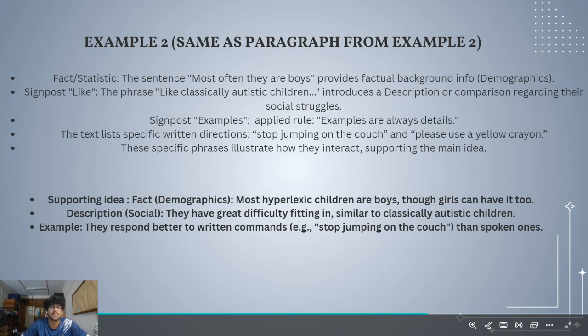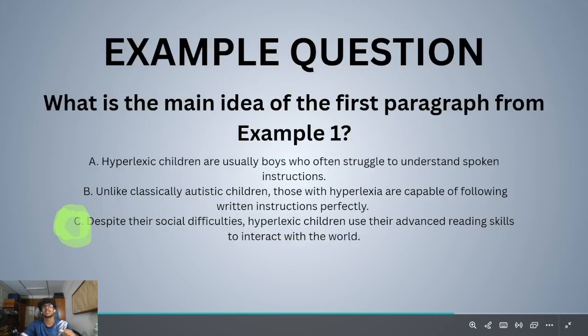Therefore, we can conclude that the supporting ideas for this paragraph are: most hyperlexic children are boys, though girls can have it too. They have great difficulty fitting in, similar to classically autistic children, and they respond better to written commands than spoken ones.